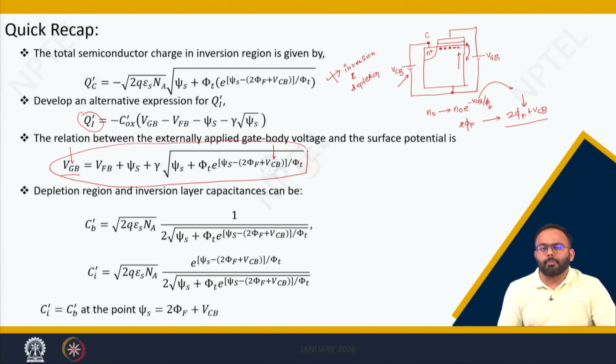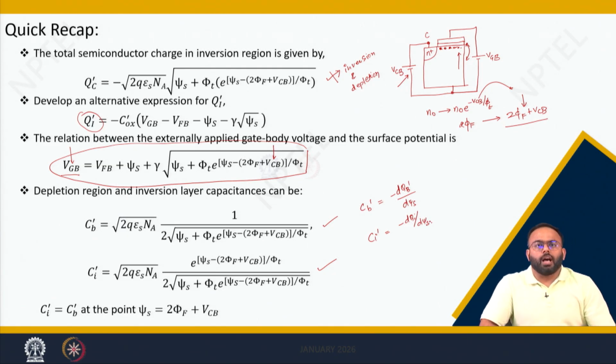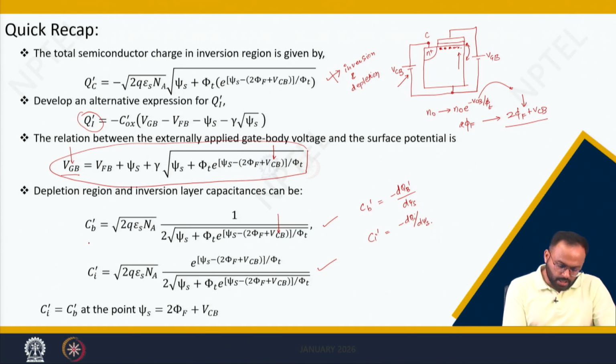We also derived the capacitance equations for bulk charge and inversion charge by appropriate differentiation: CB dash equals minus delta QB dash divided by delta psi s, and CI dash is given by minus delta QI dash by delta psi s. We argued that the VCB voltage will not affect your depletion charge, but it will affect the change in the depletion charge, and hence the VCB term appears in your CB dash equation.